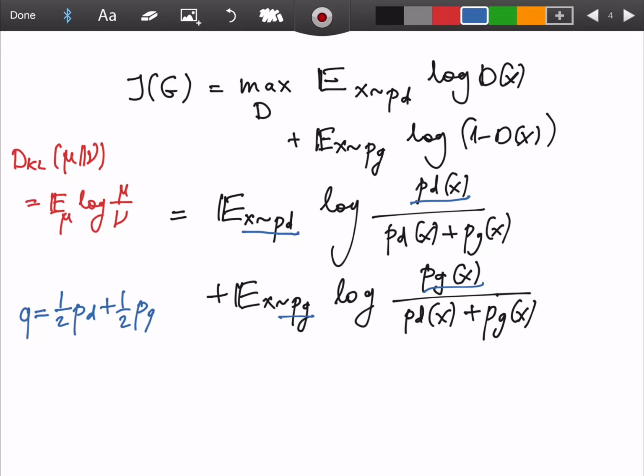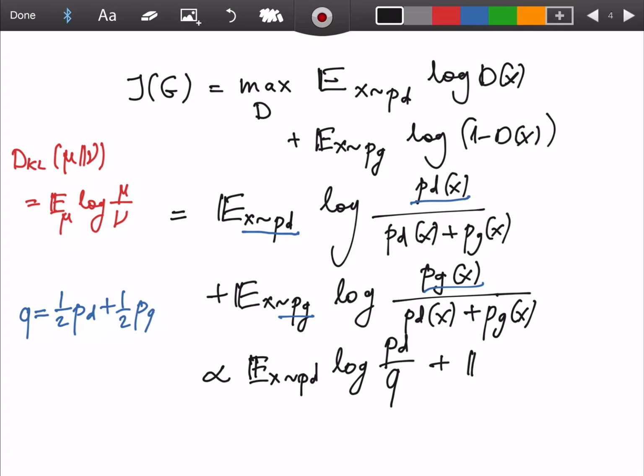Then up to some trivial constants, what I have here is proportional to the expectation with respect to PD of log PD over Q plus 1/2 expectation of x from PG of log PG over Q plus some constant.